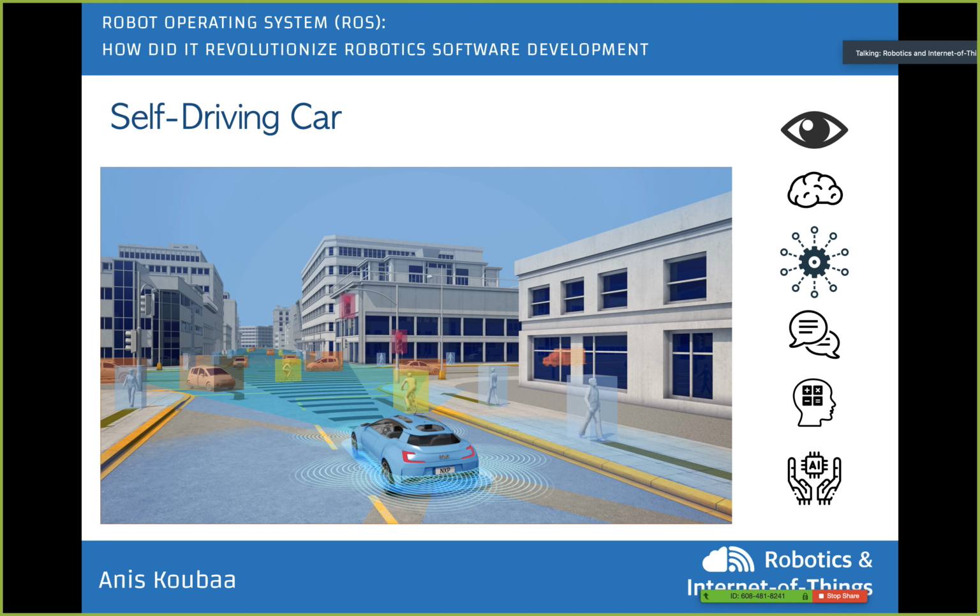Now, imagine that you would like to develop a self-driving car. This is something possible. We already have real self-driving car products, and basically they also use ROS. But for this, you will need several modules. You need a perception module: how to collect information from different cameras, and from laser scanners and LiDAR sensors. You also need to process this information.